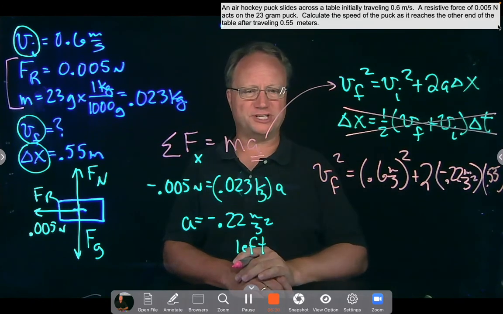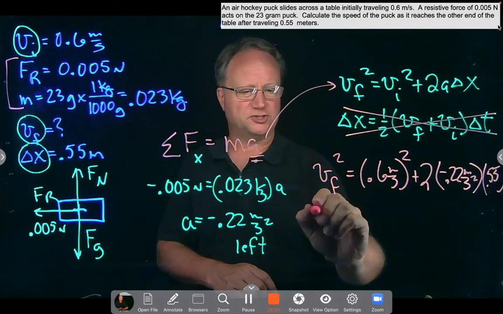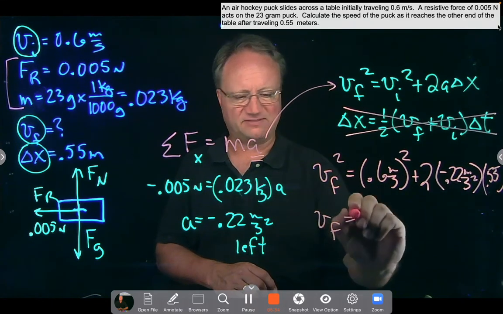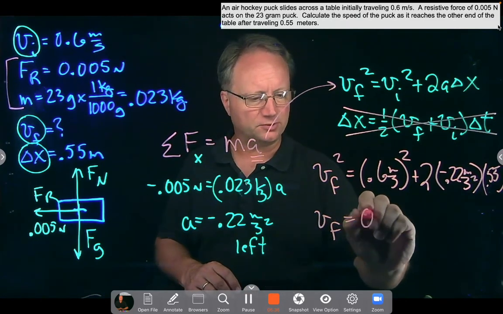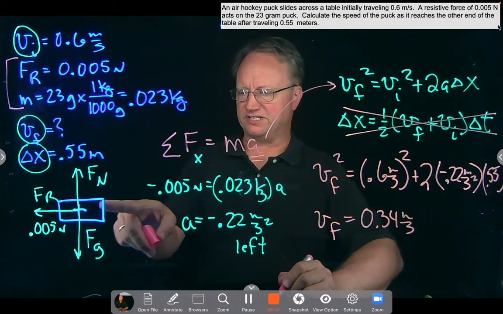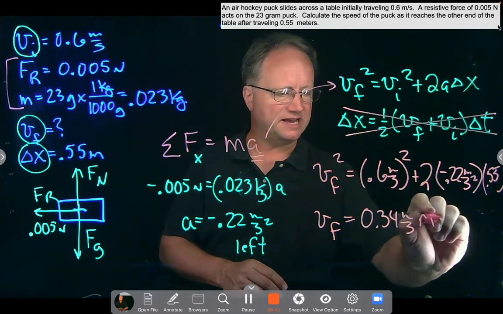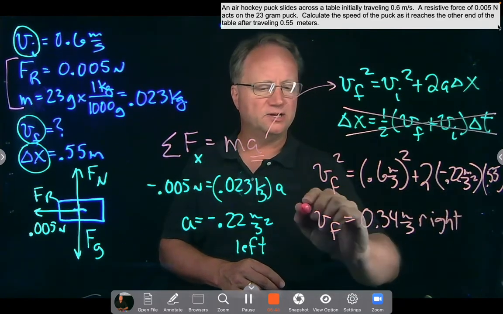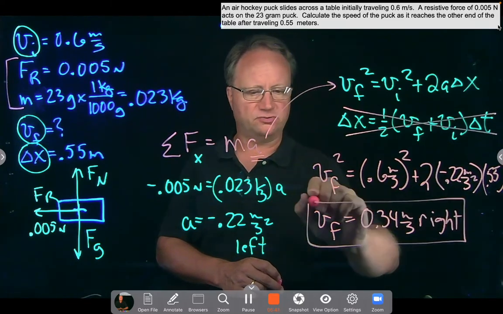We're kind of squished in against the edge there. Then when we solve for VF, that's going to give me a VF value of 0.34 meters per second. Based on how I've diagrammed that, that would be to the right or in the forward direction.